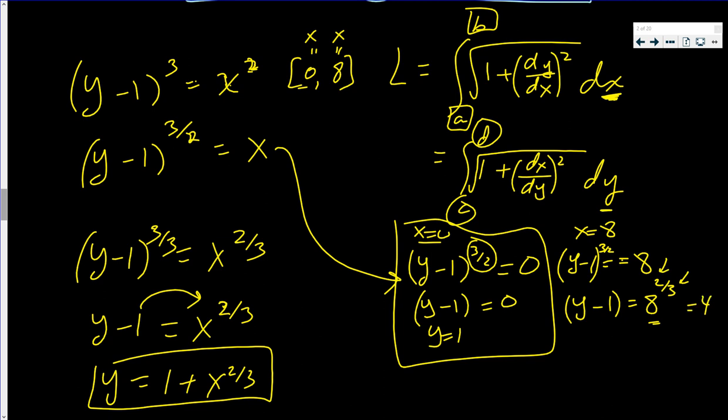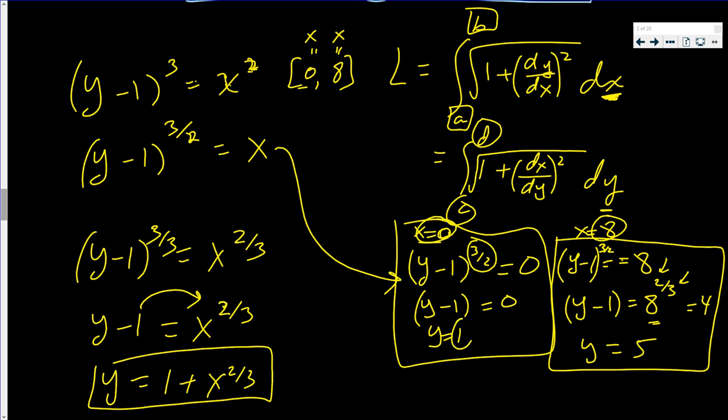So that's 4. And then y is 5. So if I integrated with respect to y, instead of the limits being 0 to 8, they're going to be from 1 to 5. And I feel that was a lot of work.